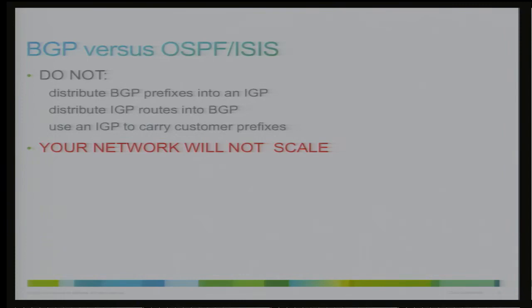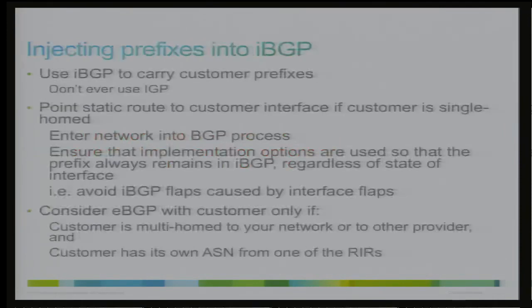And also, do not use IGP to carry customer prefixes. For customer prefixes, put them into iBGP. Do not put them into IGP. It's not really necessary. So use iBGP to carry customer prefixes, not IGP.